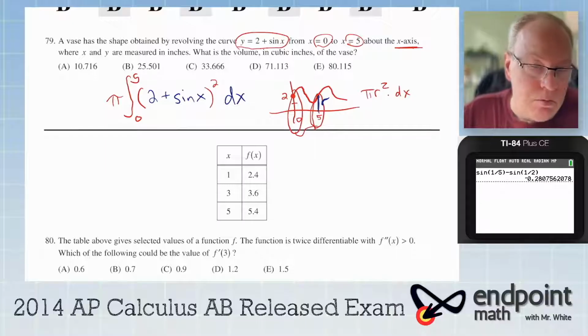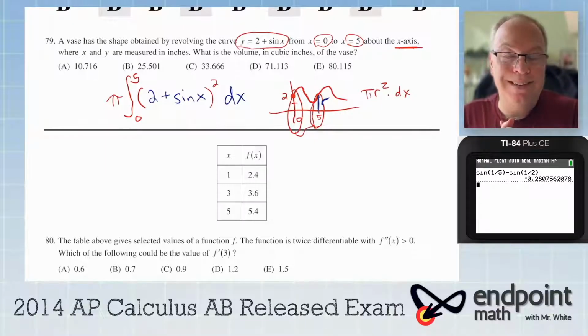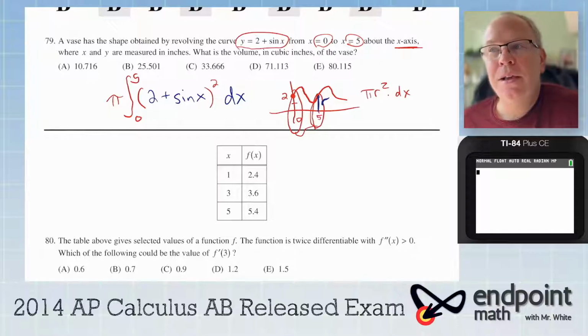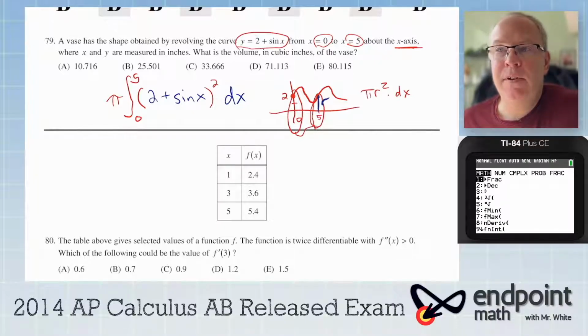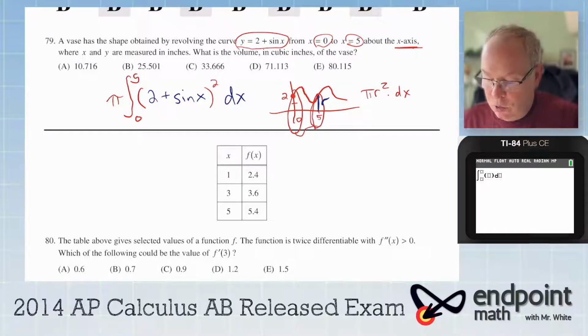So we have to run this through the calculator is the easiest way to do this. Don't try, you might hurt yourself if you try to evaluate this integral without your calculator. So you do math. Number 9 is finite integration, the lower bound is 0, the upper bound is 5.